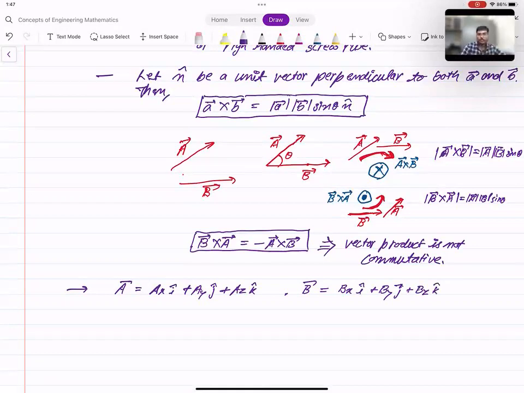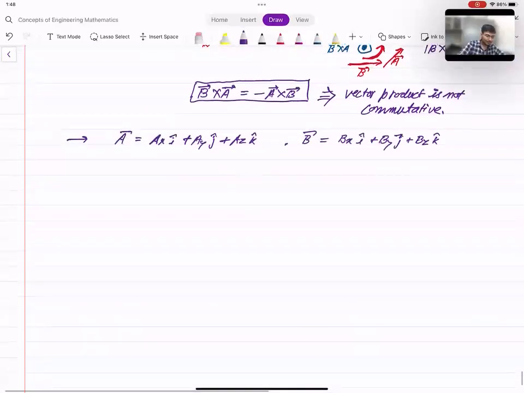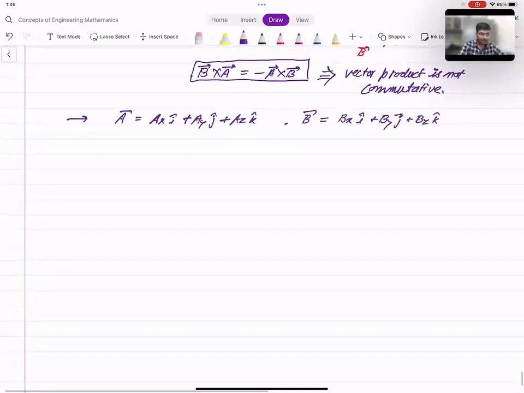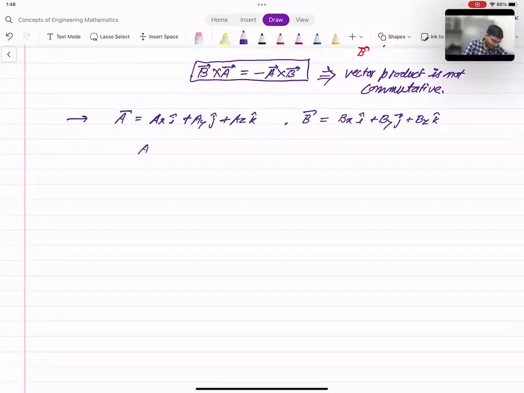Now if we multiply them, since we are doing the vector product, we will write it as a cross b. So a cross b is ax i plus ay j plus az k being cross multiplied with bx i plus by j plus bz k.